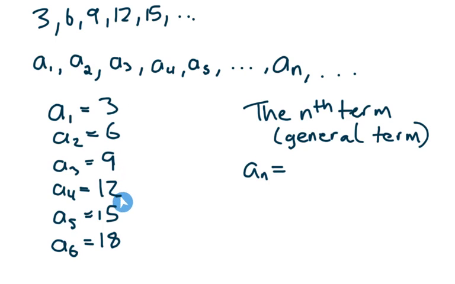And if you notice, each of these numbers definitely has something in common. This is what we use to help predict that the sixth term would be 18. These are all multiples of 3. And so what does it mean to be a multiple of 3? It means that you can write that number as 3 times something. So 3 can be written as 3 times 1.